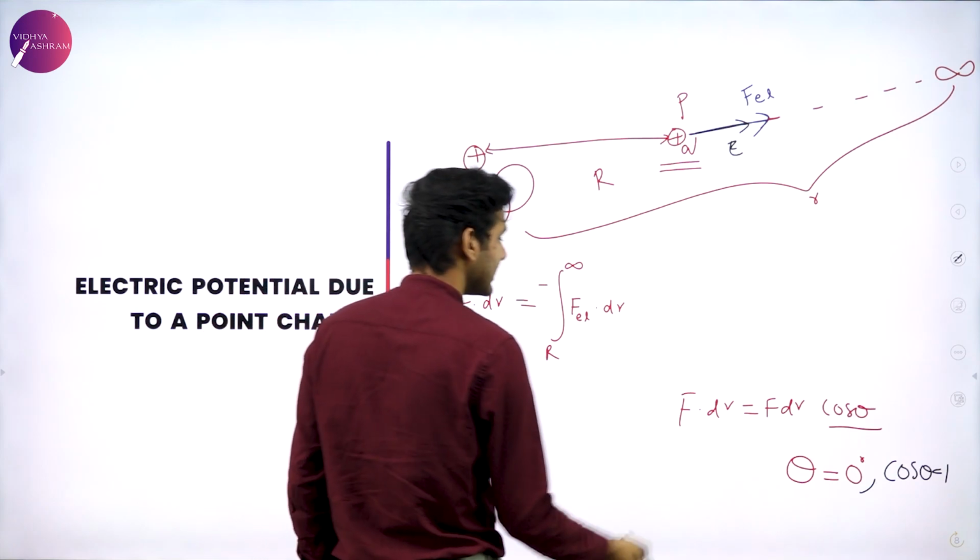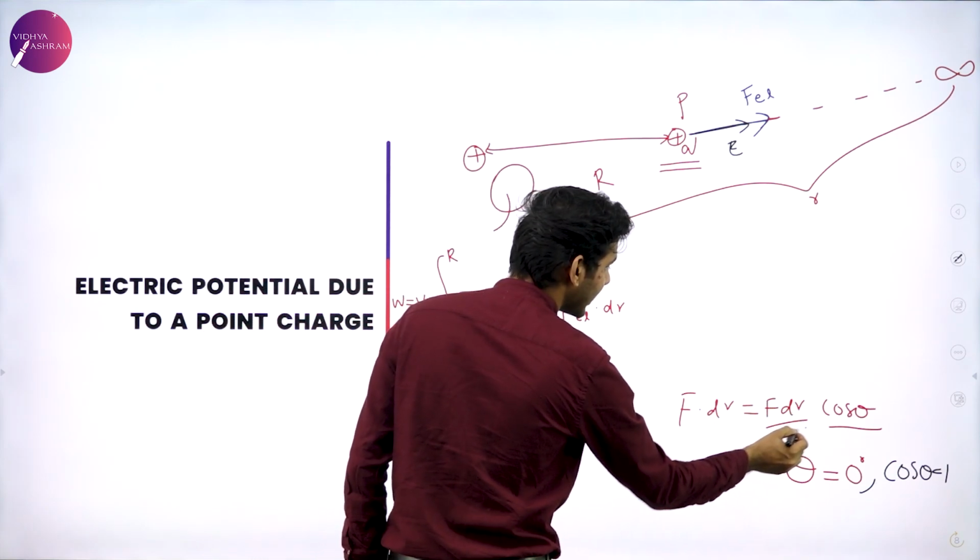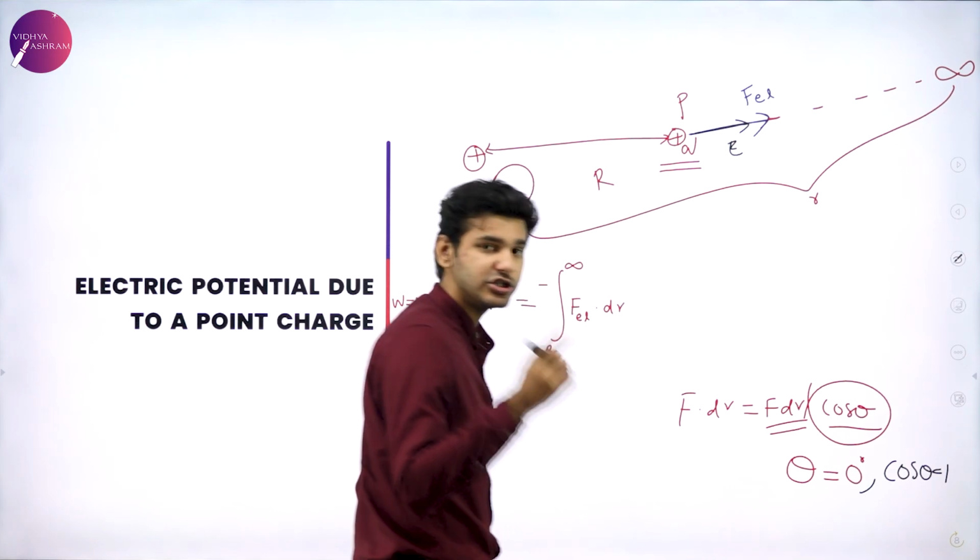So we can say that it is simply F dr, as this quantity will become unity.